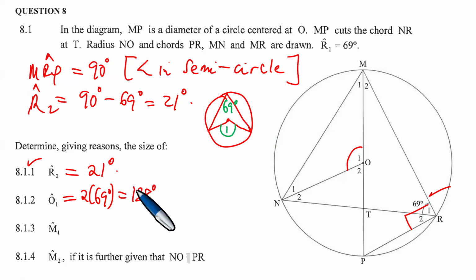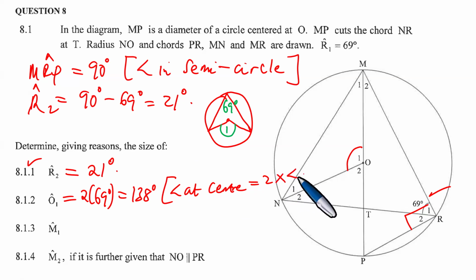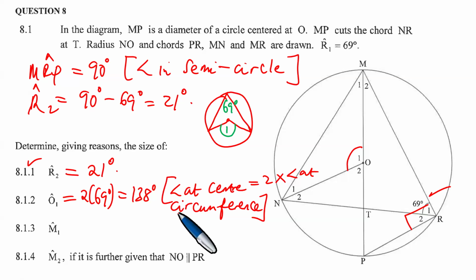Why is it 138 degrees? Because the angle at the center is 2 times the angle at the circumference.